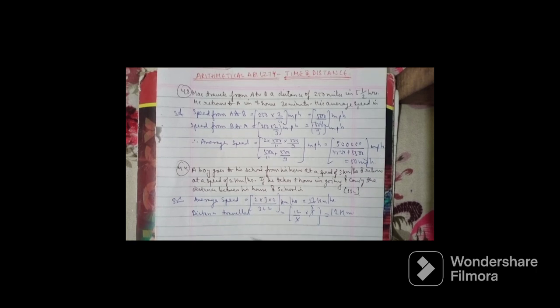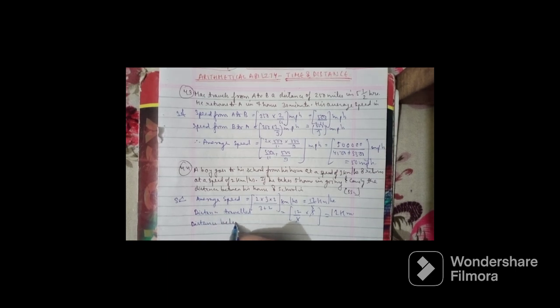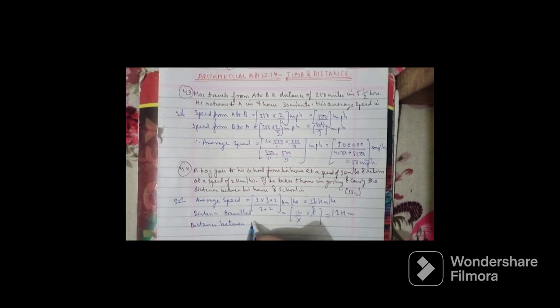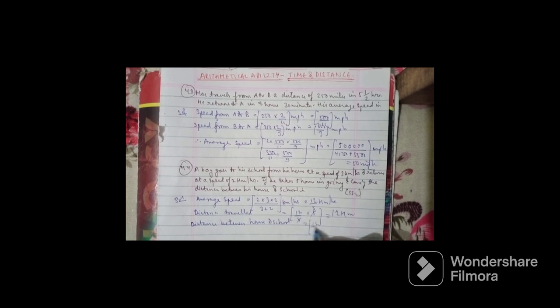The distance between house and school equals 12 by 2. 2 1 are 2, 2 6 are 12, it is 6 kilometers.